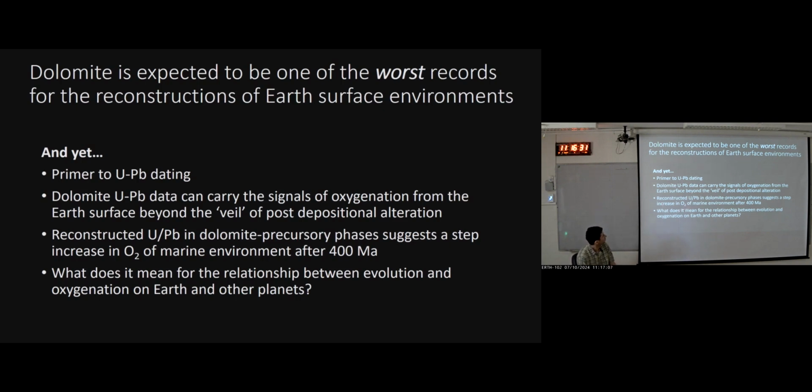And I'm going to show you a reconstruction of uranium to lead ratios of dolomite precursor minerals, so the minerals that initially formed at or near the surface, that would suggest an increase in the levels of oxygen in marine habitats that happened after 400 million years. And then we're going to talk a little bit about what it means for the evolution of life on Earth and other planets.